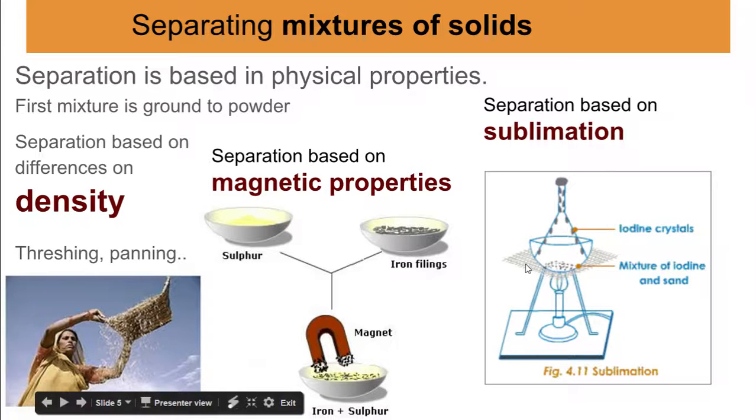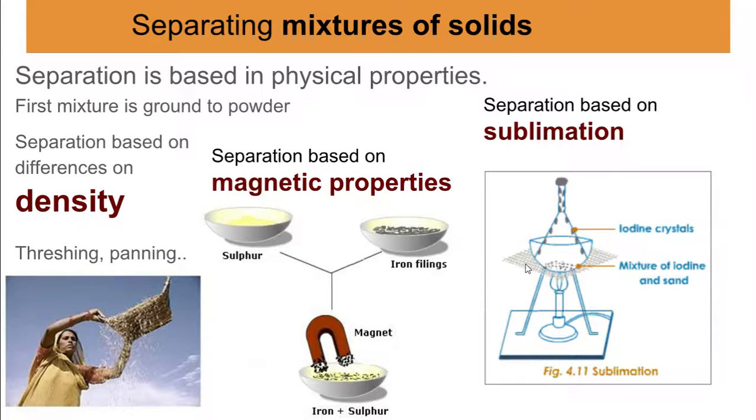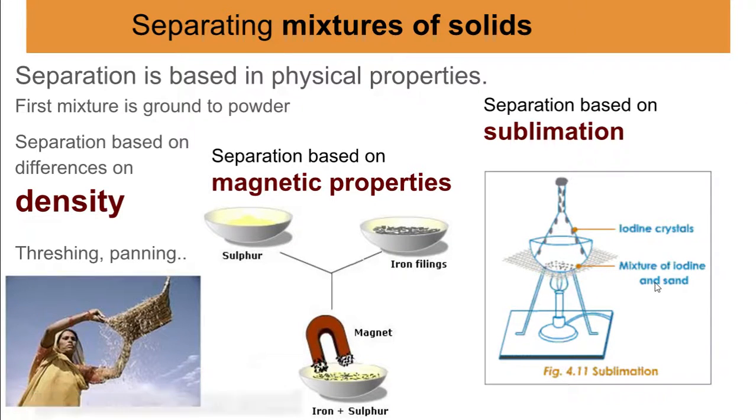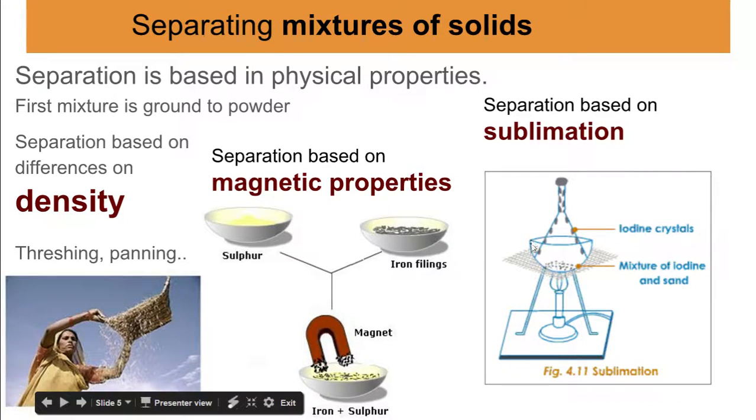We have separation based on sublimation. So we mentioned when we talked about the different states that some substances sublime. They go from solid to gas. And iodine is one of those. So if we have a mixture of iodine and sand, we warm up this mixture in an evaporating dish and put a funnel upside down and close the opening of the funnel with a piece of cotton and start warming the mixture.